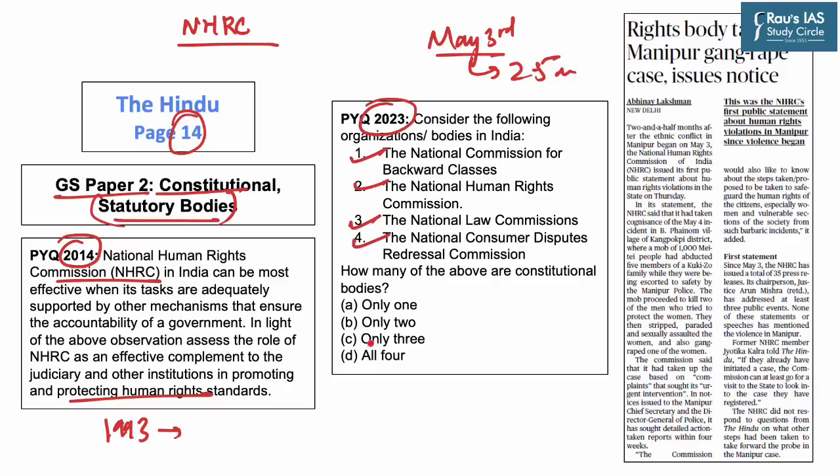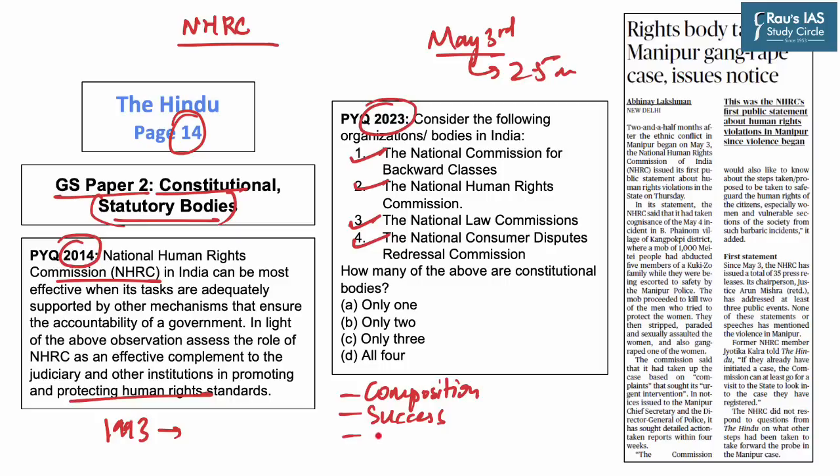Hence, in the scope of today's discussion, we will first take a look at the composition of the National Human Rights Commission. Further, we will take a look at instances where the Commission has proven to be a success. Further, we will take a look at the structures and functions of the Commission which have resulted in it being an effective body to deal with the human rights situation in the country.